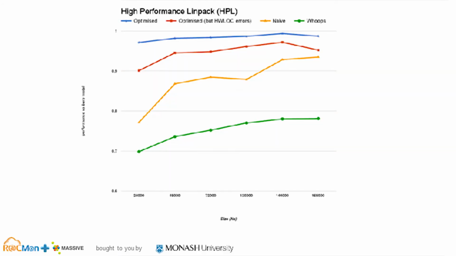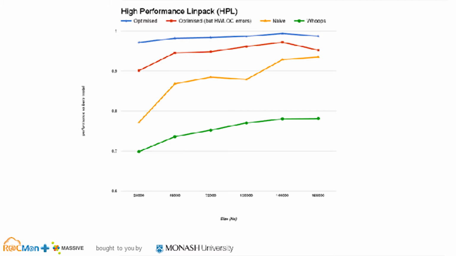So this is what happens. The blue line up here is optimized. One is obviously the ideal, so this is relative to bare metal. And you've got the naive yellow line, which is actually what happens when you don't do any of the tuning I mentioned, like without pinning or without the NUMA pass-through. This is High-Performance LINPACK.